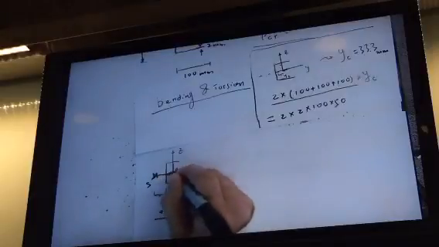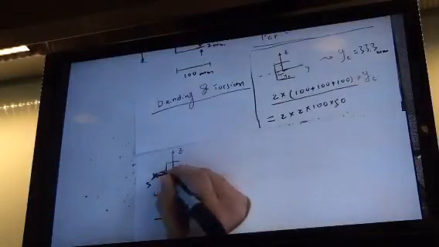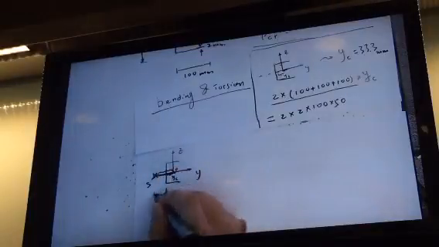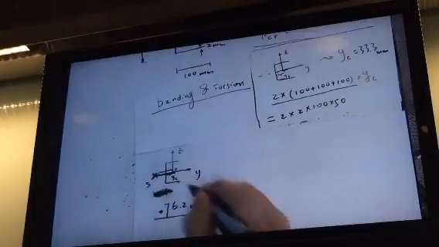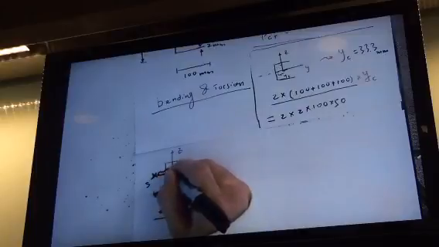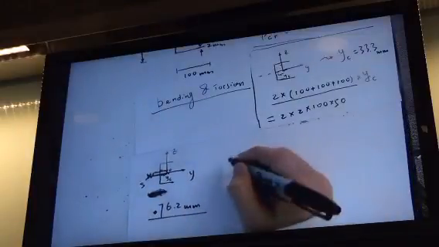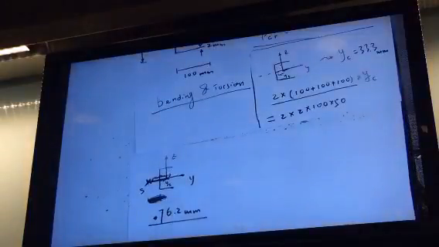This is my calculation. I put the origin at the centroid of this cross section and then calculated the shear center, and the distance between the centroid and shear center is this much. Okay, 76.2. And it's negative actually.